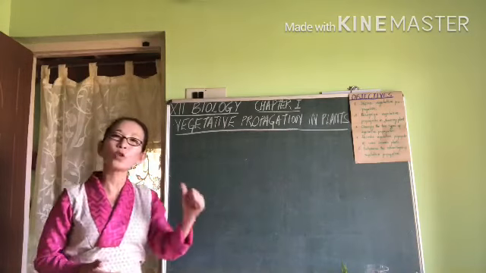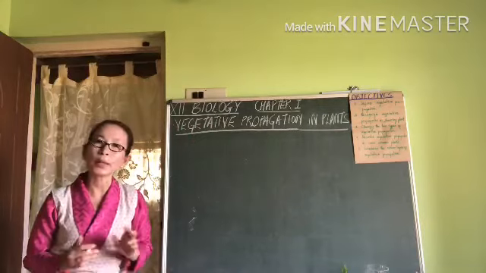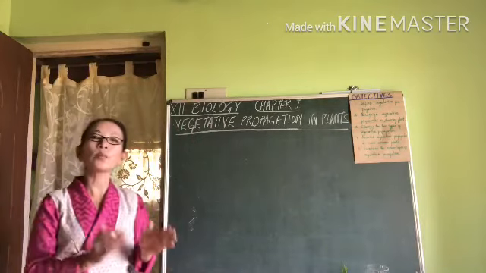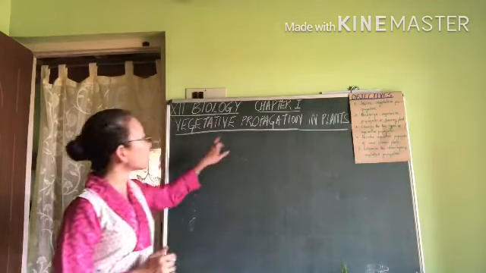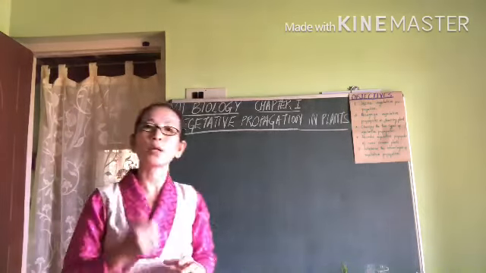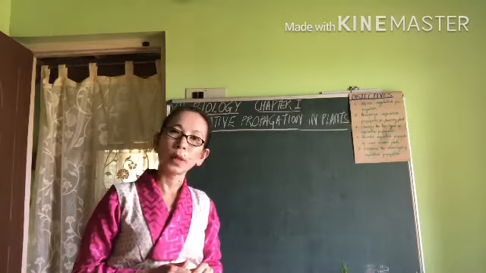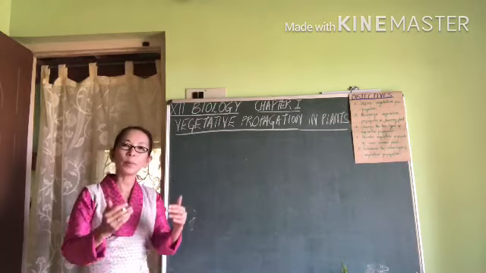So instead of calling it juvenile in the plants, we use the term vegetative, which is to say it is still in the non-reproductive stage. That's the reason why vegetative propagation in plants can also be called vegetative reproduction in plants. So vegetative should be relating with a non-reproductive part.